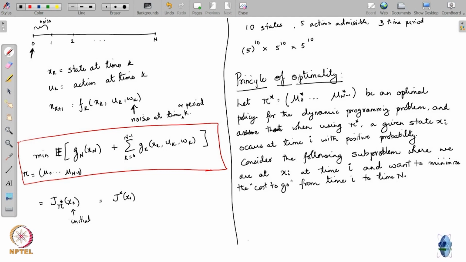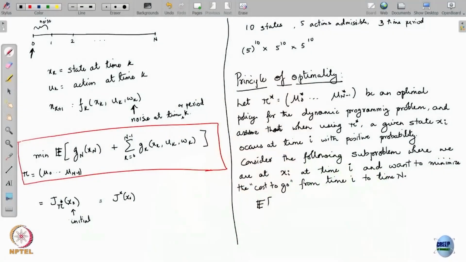The original problem has actually started at time 0 with state x0, but we are not looking at that problem. We are looking at a sub problem which has started at time I from a nominal state xi, and it continues till the original time horizon that you had fixed, till time n itself. So, the cost is the cost that you would incur from I up till time n.